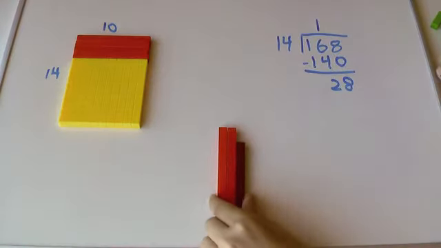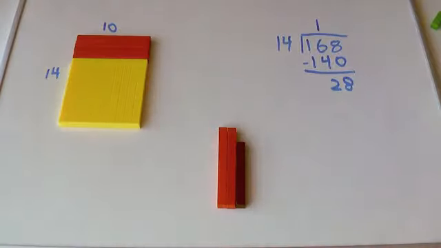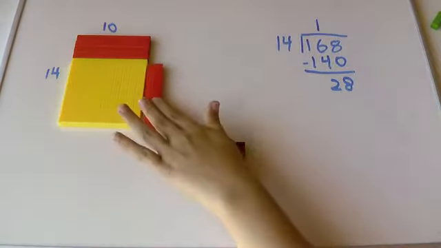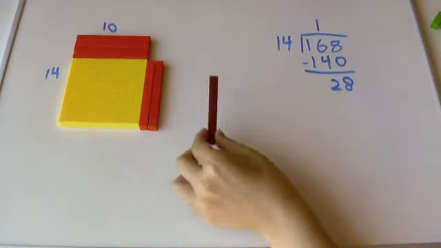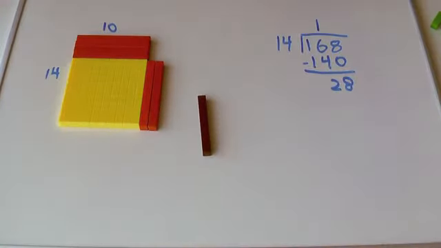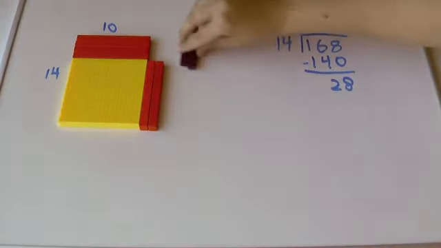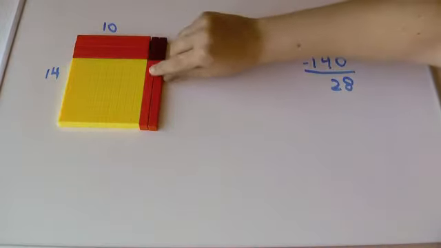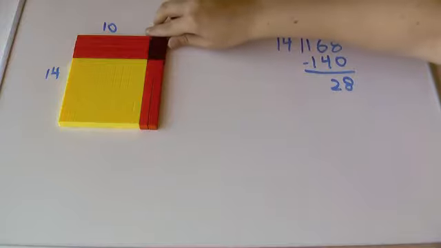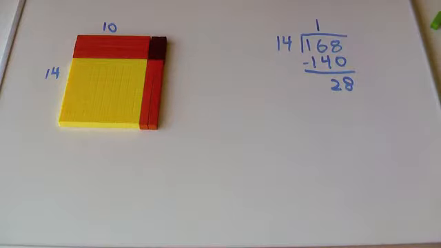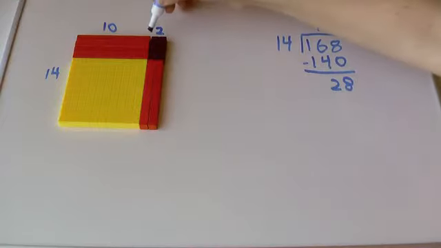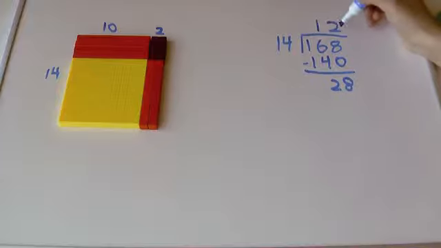So now I need to take 28 and make that into a rectangle with 14 on one side. So I can put my two 10s there, and I'll trade my 8 for two 4s and fit them in here nicely, because 14 times 2 is 28. So I'll put my 2 in the ones place because I've gone across 2 now.